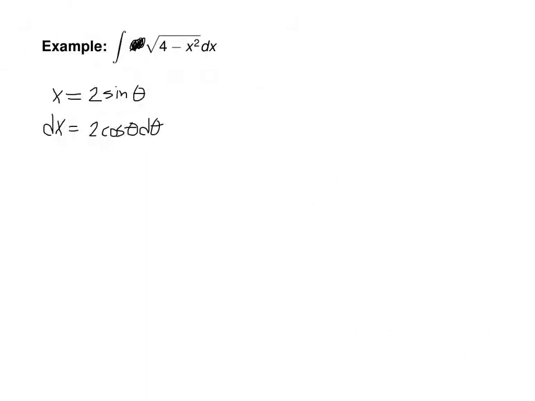So subbing that in, we have the integral of the root of 4 minus 4 sine squared theta multiplied by 2 cosine of theta d theta.